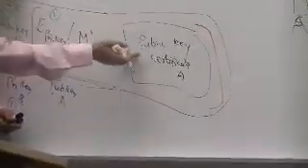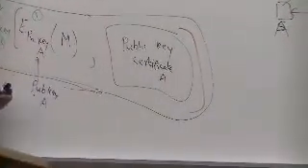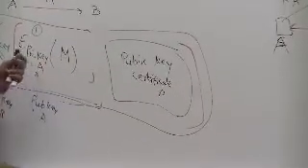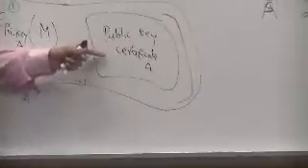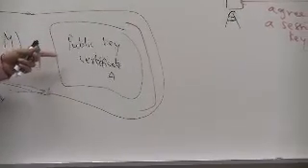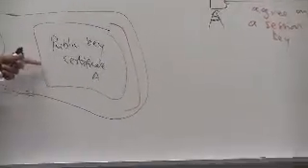Because they send a certificate. So between the two, what would you do first? You don't know the public key, right? So what you should do, you should decrypt the certificate with what? Not the private key of B. The public key of the certifying authority.